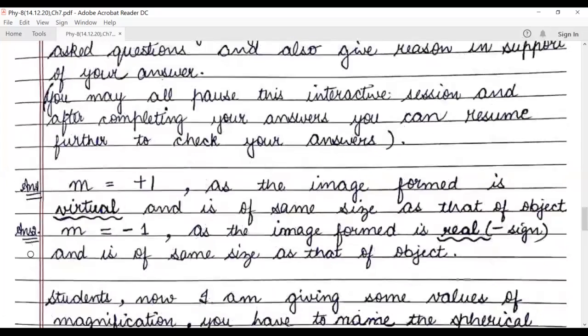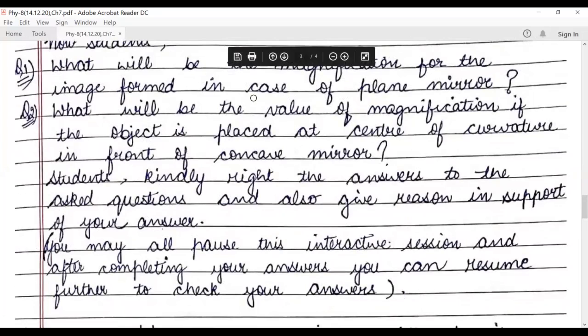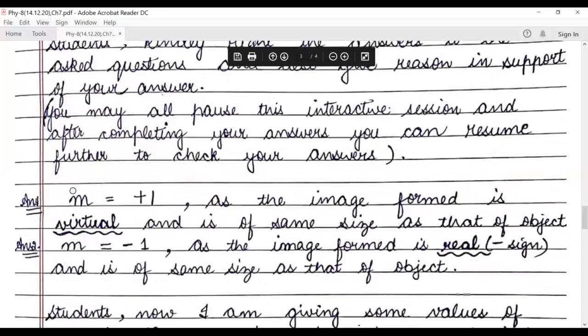For question number 1, when the object is placed in front of a plane mirror, our magnification will come +1. Why plus? Because in a plane mirror, the image formed is virtual, as we have done in the first exercise also. In the characteristics of image formed by a plane mirror, we have already studied that the image formed is virtual and erect, so the sign should come plus.